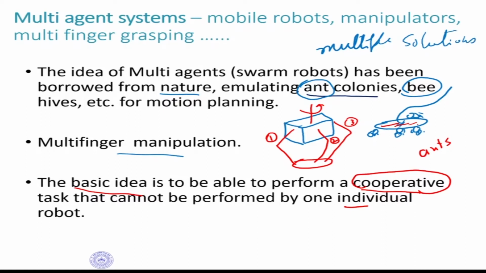So this basically means that if the ants want to catch this object and lift it and take it somewhere, there are multiple ways of doing this task. Similarly, in multi-finger manipulation, if you want to manipulate the object in a particular way, then there can be very many solutions to this problem. That means the fingertips can apply different forces, okay, or different motions to orient the object in a particular way.